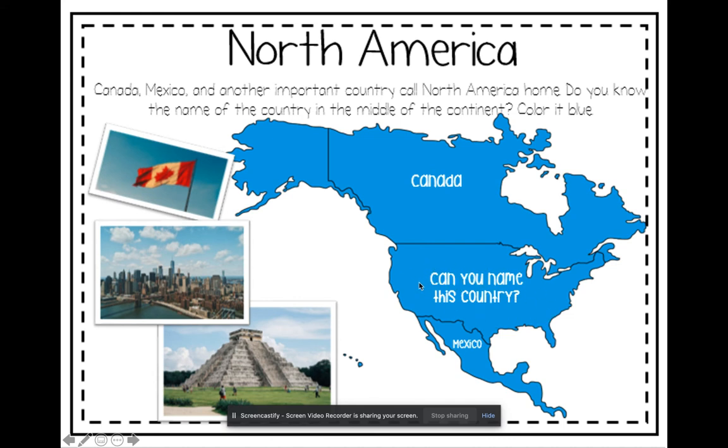If you know it, you should say it out loud. All right, I'm going to tell you in just a little bit, but we have Canada and we have Mexico. So we have 3 countries that are part of it. We're going to see if you can figure out what this middle country is.